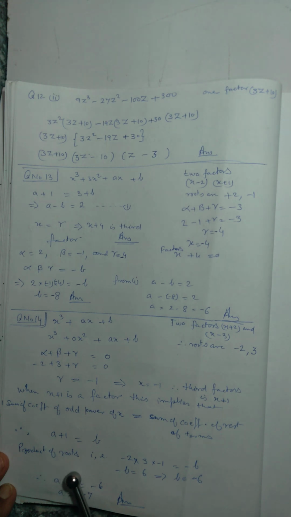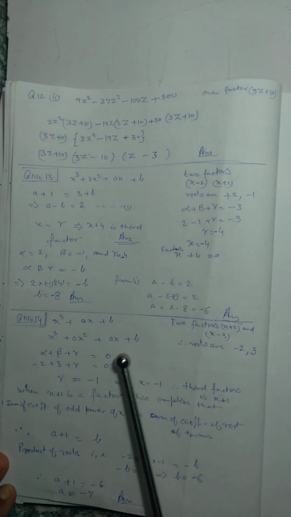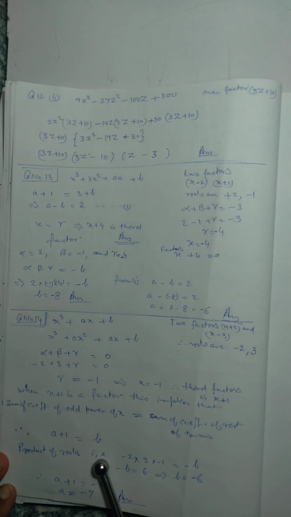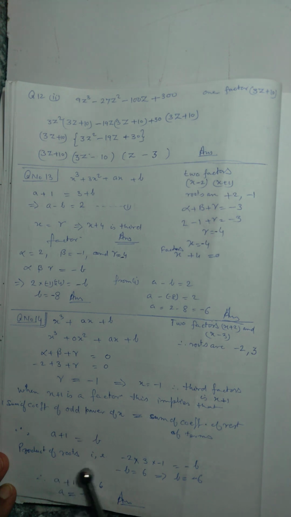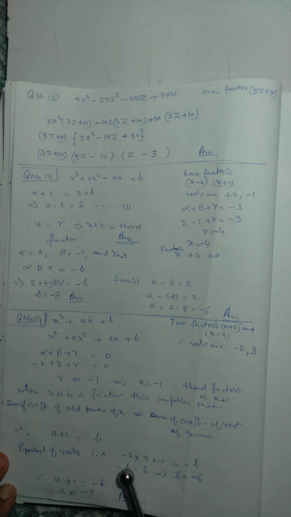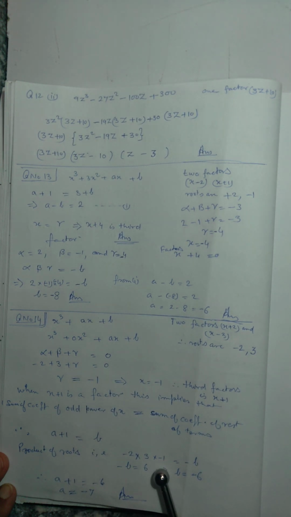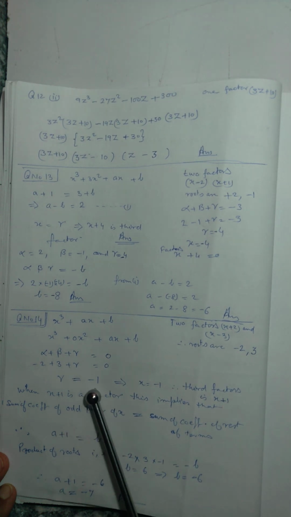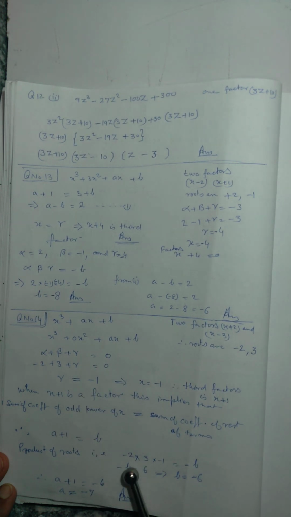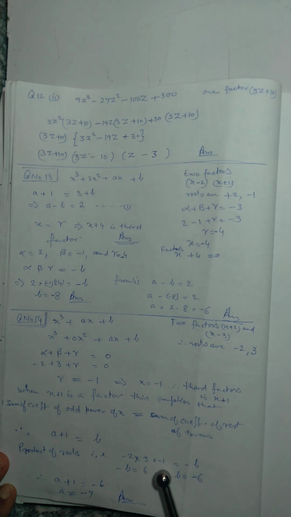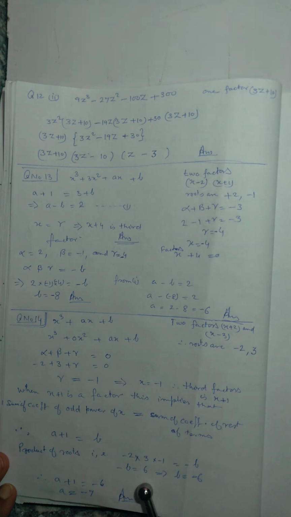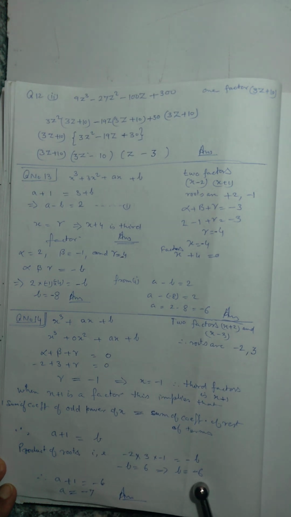Now the product of the roots should be equal to minus b. So I have written here minus 2 into 3 into minus 1. These are the three zeros which we have worked out already. That is, minus 2 into 3 into minus 1 should be equal to minus b. Now b is equal to minus 6.